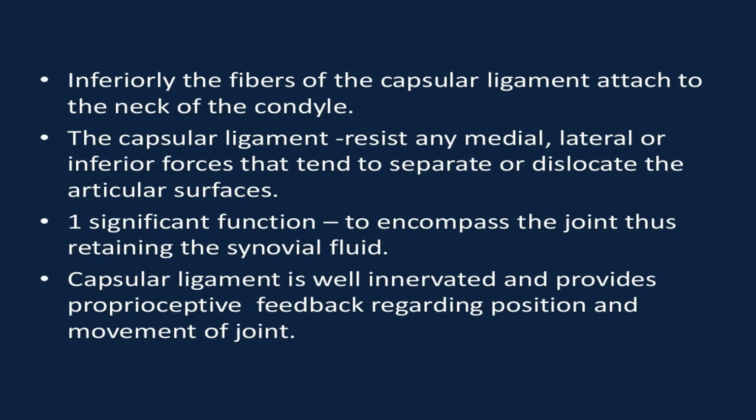The capsular ligament resists any medial, lateral, or inferior forces that tend to separate or dislocate the articular surfaces. One significant function is to encompass the joint, thus retaining the synovial fluid. The capsular ligament is well innervated and provides proprioceptive feedback regarding position and movement of the joint.